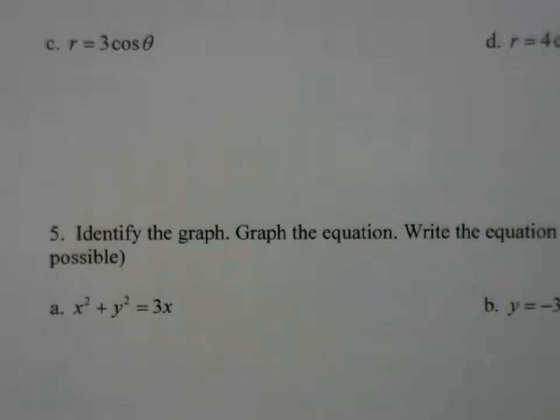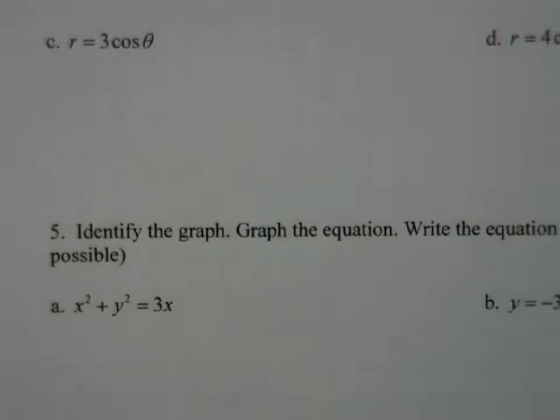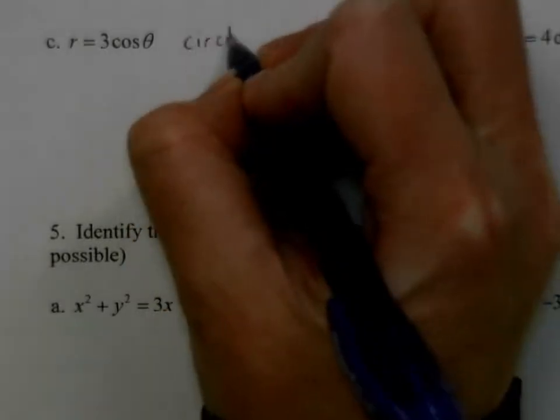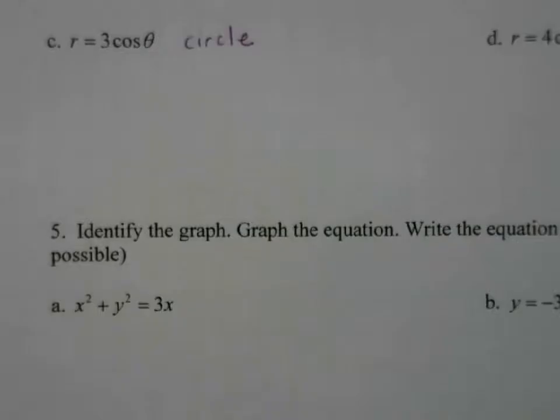We can either graph this from the rectangular graph or the polar graph. We do know it's a circle. Okay, it's going to be a circle symmetric to the x-axis.